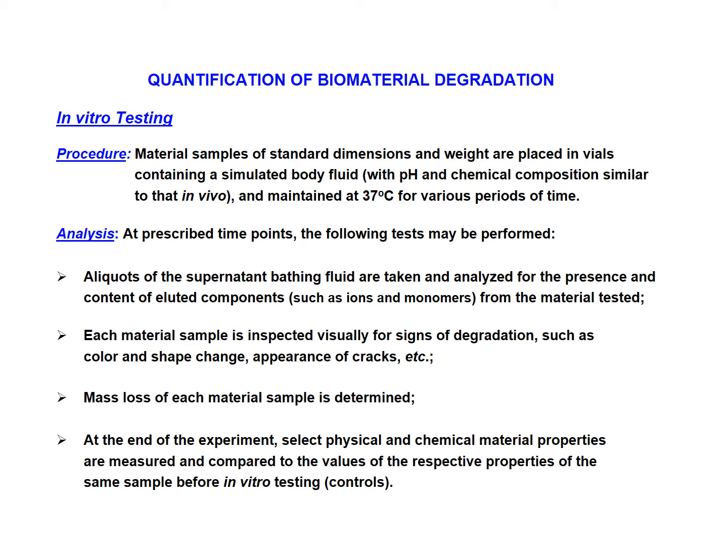At the end of the experiment, certain physical and chemical material properties are measured and compared to the values of the respective properties of the same sample before in vitro testing. In all of these cases, the important aspect which we must keep in mind is that we need to have appropriate controls for all these tests and at all stages of the evaluation process.